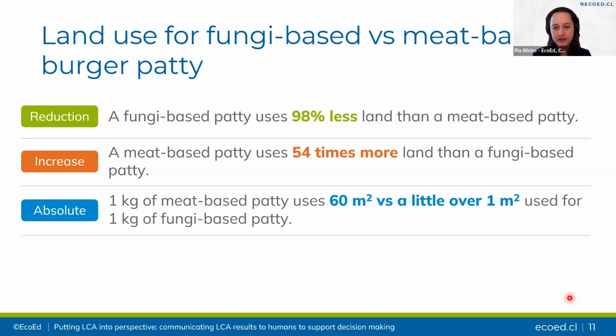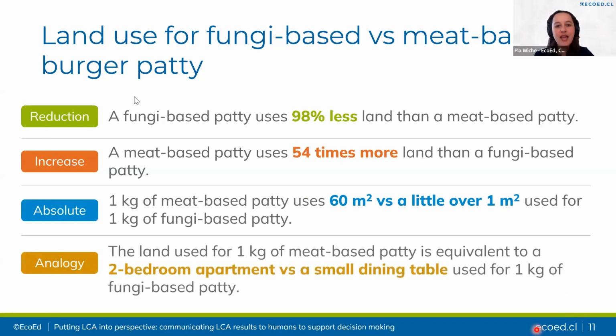You can talk about an absolute, right? You can say that the meat-based patty uses 60 square meters versus a little over 1 meter for the fungi-based. Or you can even get a little bit more creative with that information and use an analogy. And this one, we totally have to give a shout out to our colleague Danilo, because he came up with it.